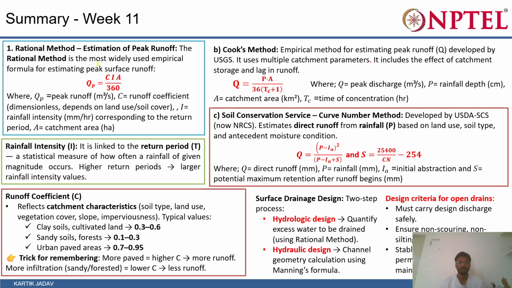Discharge estimation is most essential for hydrologic design. Once you have your design discharge, you can go on to other aspects like permissible velocity, and then hydraulic design like channel width, channel depth, and what kind of material you need to use. All these hydraulic aspects depend on the hydrologic aspect.